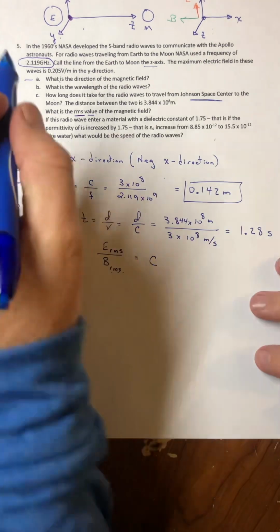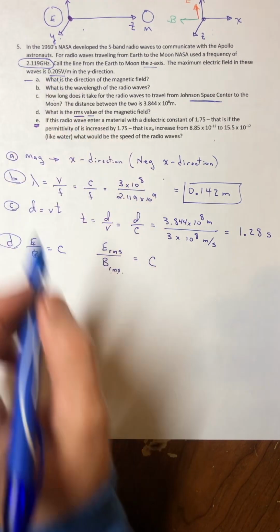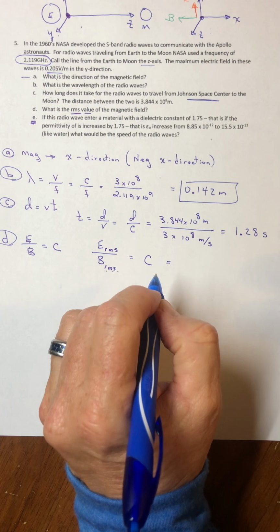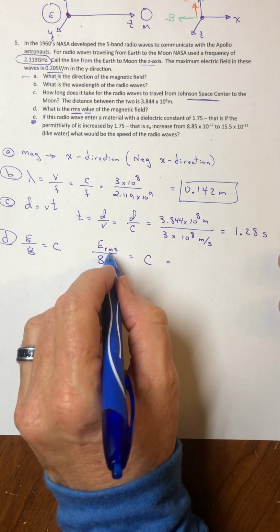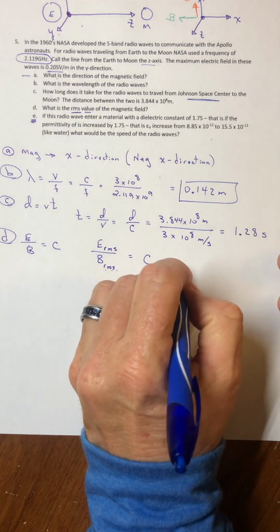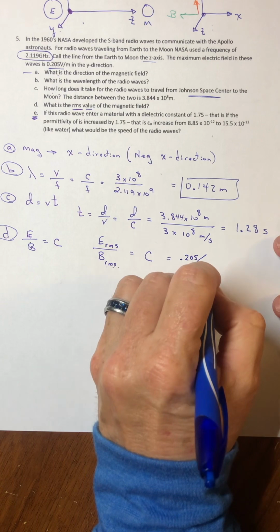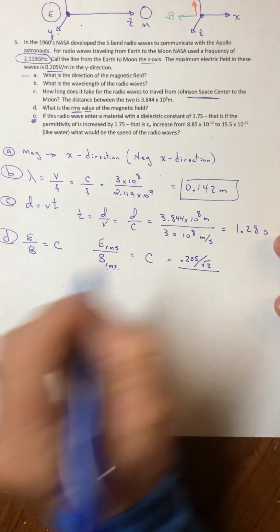And this clearly said it was its maximum. So to get the RMS, I need to take this maximum, 0.205, and divide it by the square root of 2.